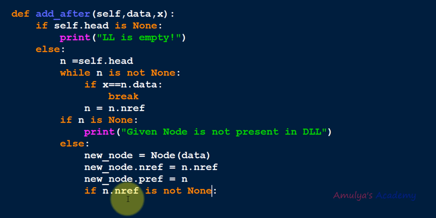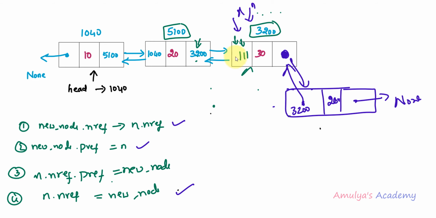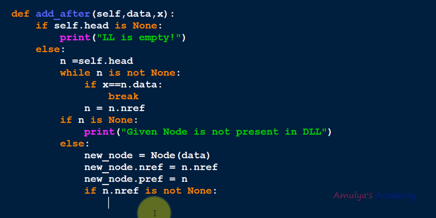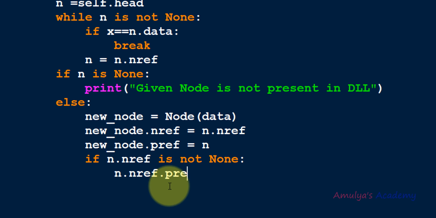If n.nref is None, that means we are inserting the new node after the last node. That's why you need to take the condition like this. If n.nref is not None, so here you can see, if this is the last node, then this n.nref is None. If it is not None, it means it is the rest of the nodes, not the last node. If it is not None, then take n.nref.pref equal to new_node.